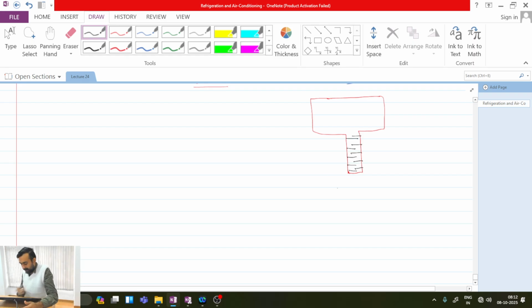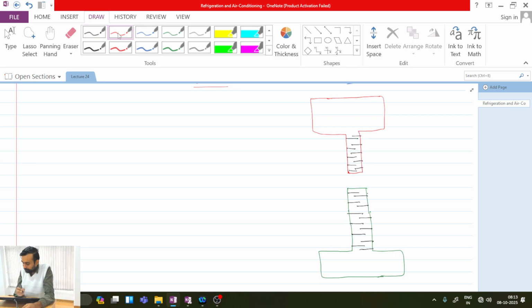Okay, after this point, I will take another column and integrate this column with the generator, and inside this column also I will have some vertical plates like this. Okay, now you see what is happening.